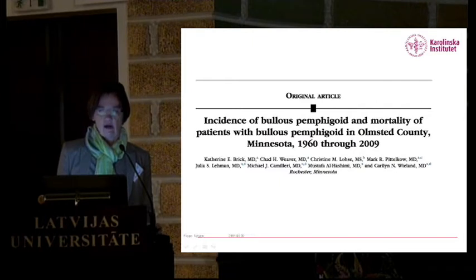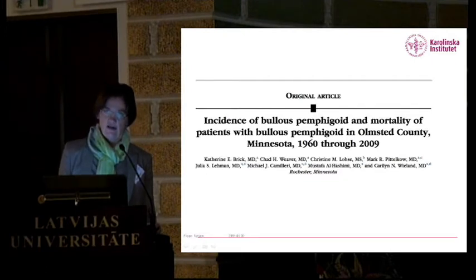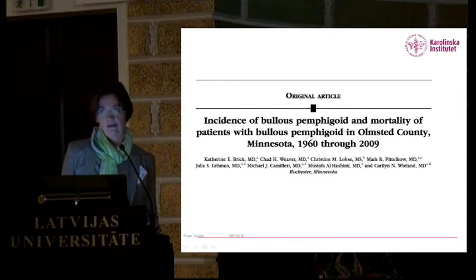And in Olmsted County, which is a county in Minnesota quite similar to Sweden because the population there have emigrated from Sweden to a large extent. So we are very interested in their epidemiology, and they keep looking at the dermatological diseases.